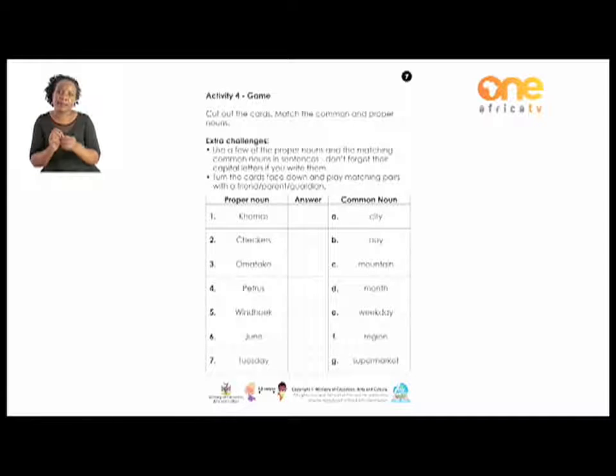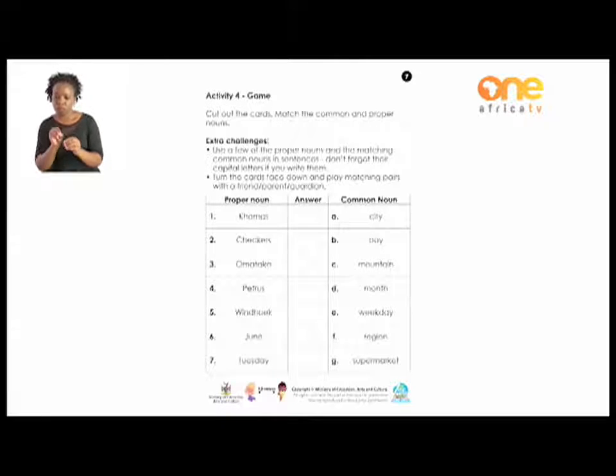And then number 2, there is checkers. Checkers is a proper noun which corresponds with G, which is supermarket. Checkers is a supermarket. So you continue from number 3 up to number 7, finding the corresponding words.